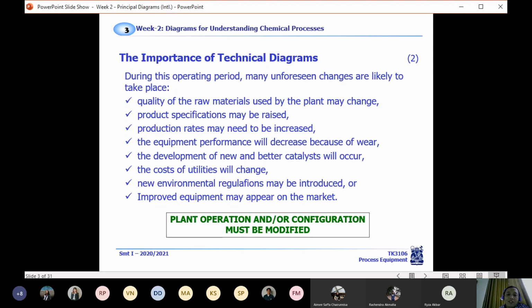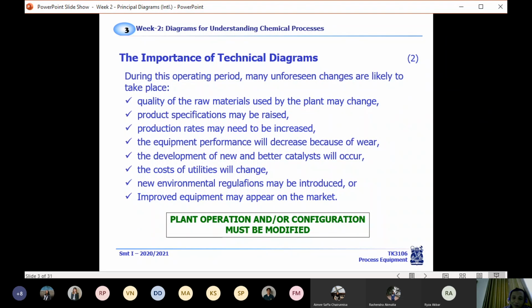And then the product specification could be raised, for example the purity is higher than before. Again, we put the information in the process flow diagram, in the table of heat and material balance.